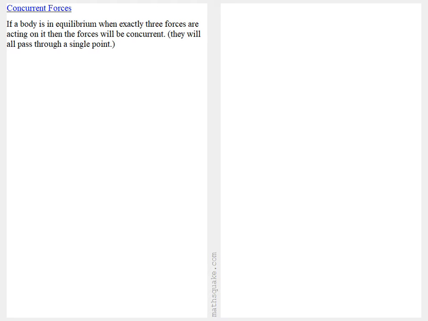There's another thing worth bearing in mind when dealing with problems involving three forces. Concurrent forces. If a body is in equilibrium when exactly three forces are acting on it, then the forces will be concurrent. That means they all pass through a single point. To show this, suppose the forces are not concurrent.